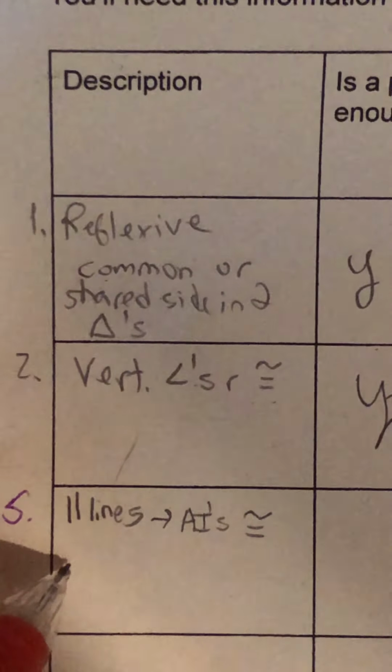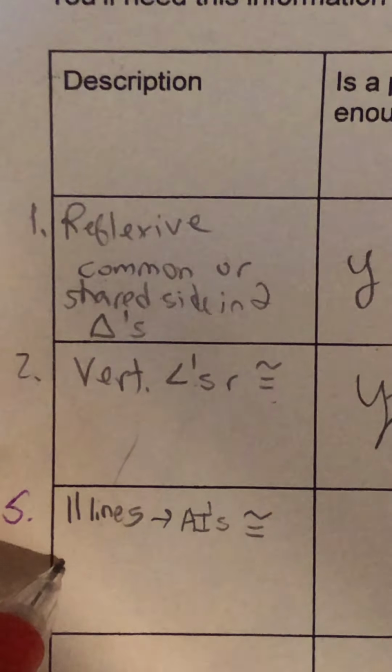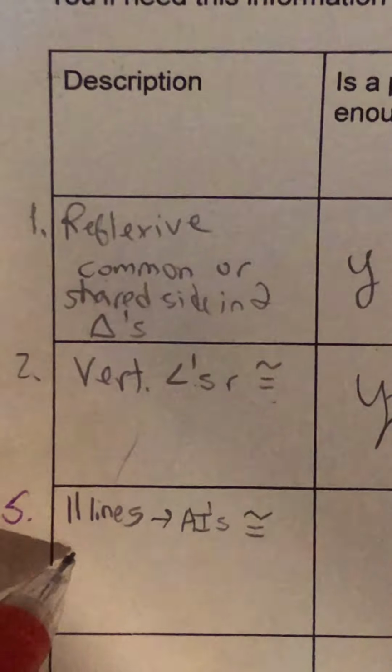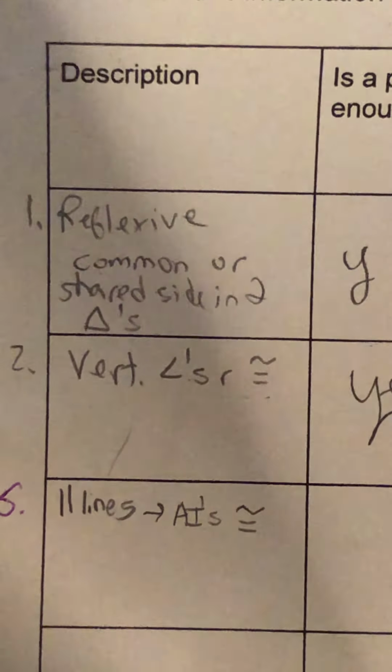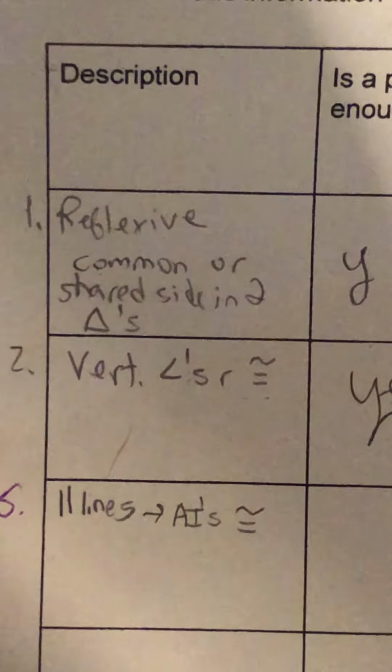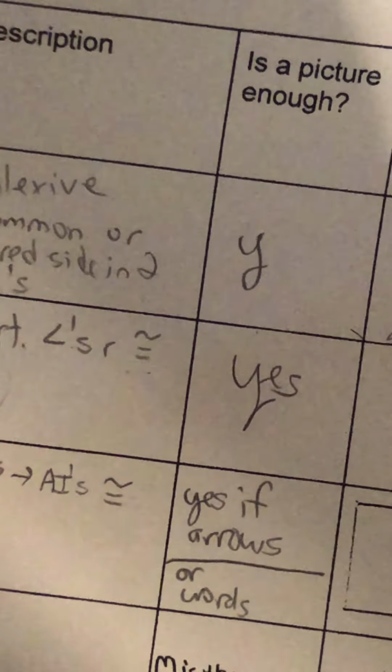Here a picture is not enough. I mean, picture is enough if you see the arrows to show that your lines are parallel, or you need to see the words, so that one line is parallel to the other.